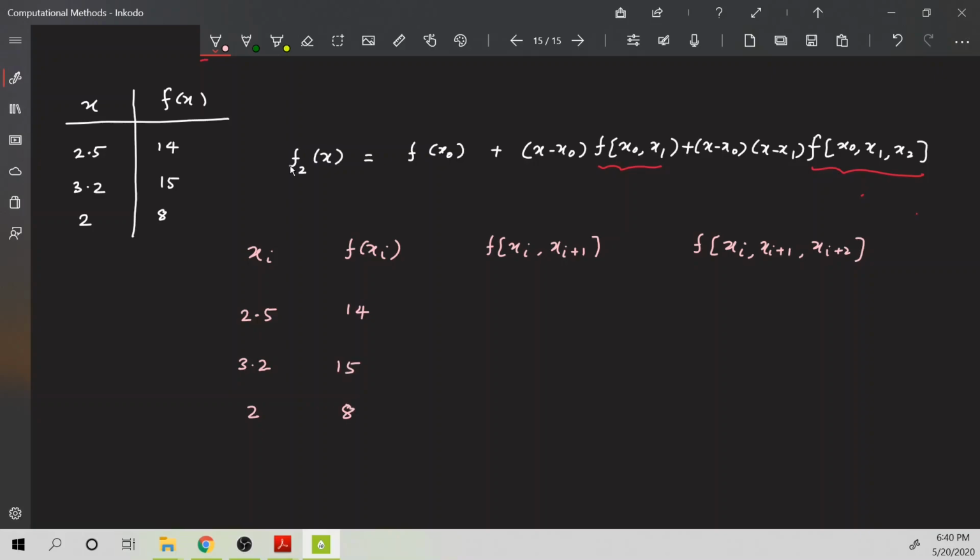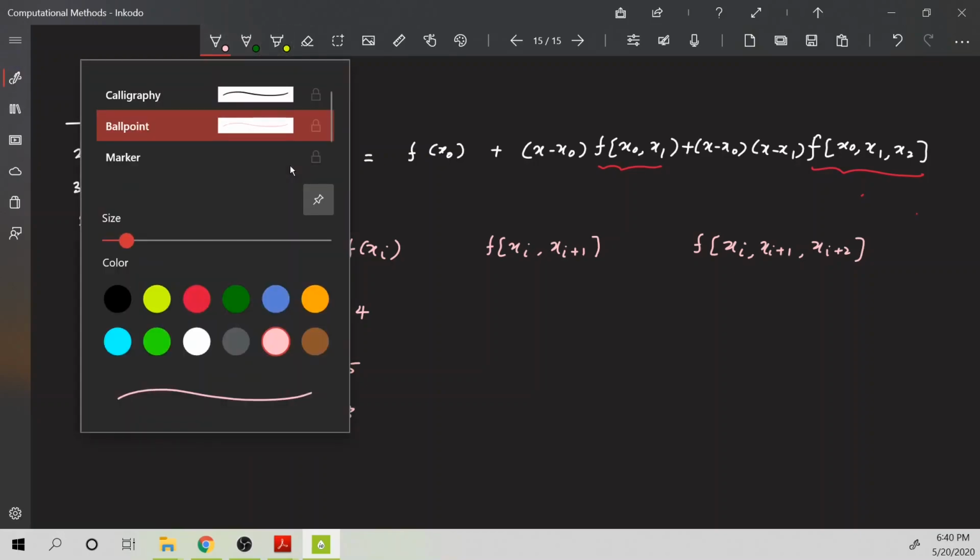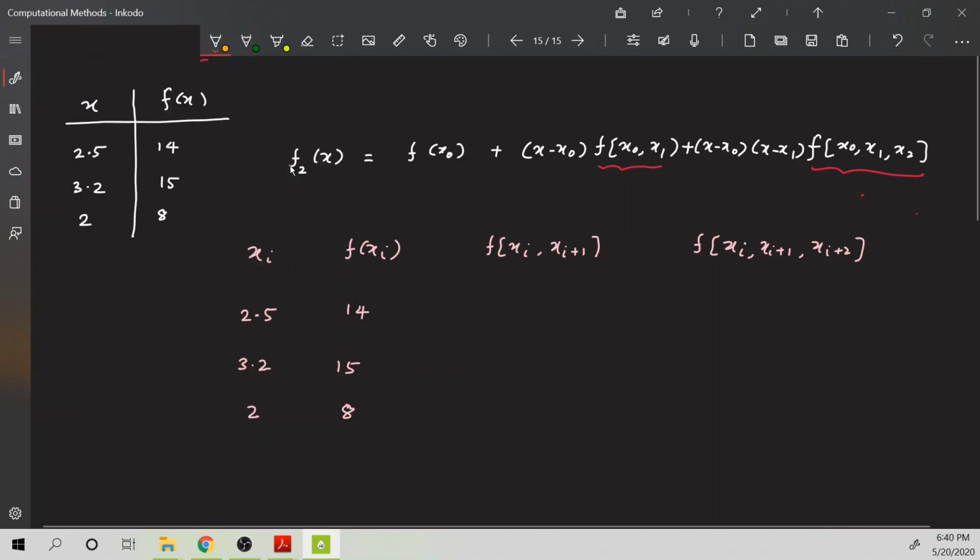Now I am showing you a visual method by which you can find the first divided difference and second divided difference. For the first divided difference, you take this element and this element and find the value here.